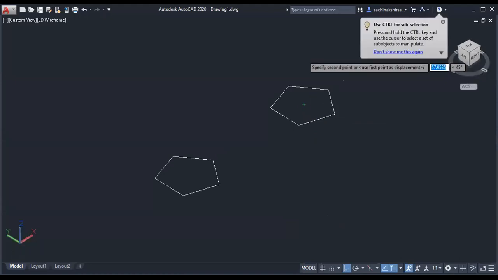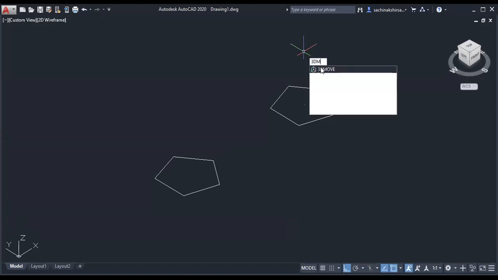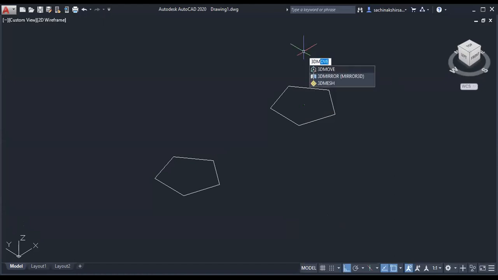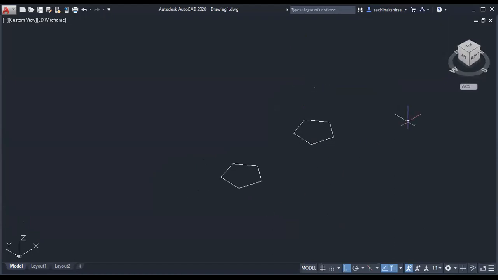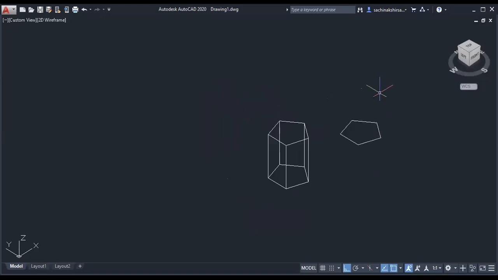I will give a certain height. The prism is having a certain height. I will give height to this pentagonal base. Let us say I have given a height of 60, and similarly here also.